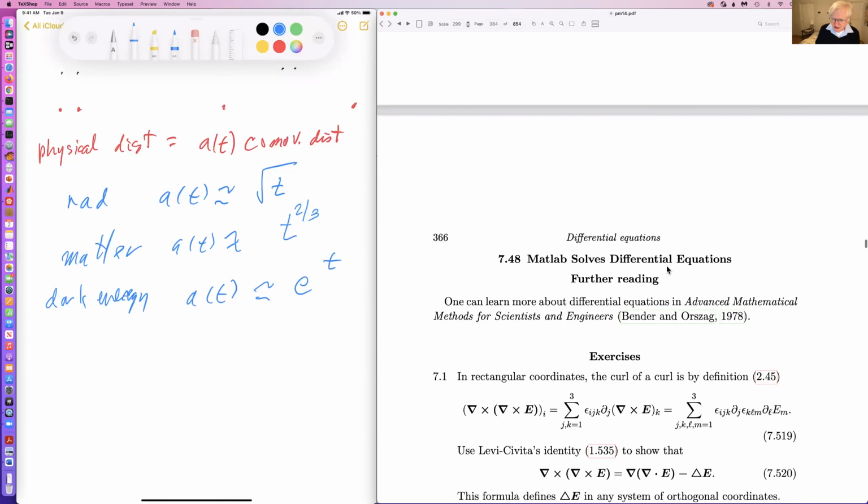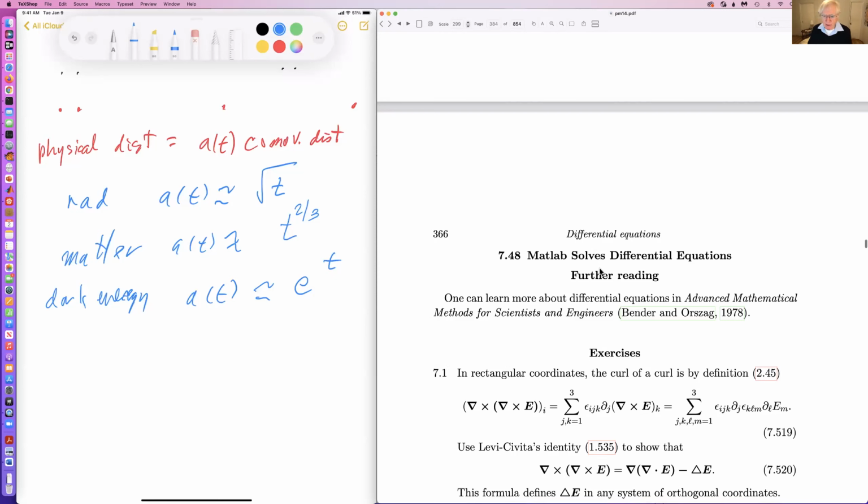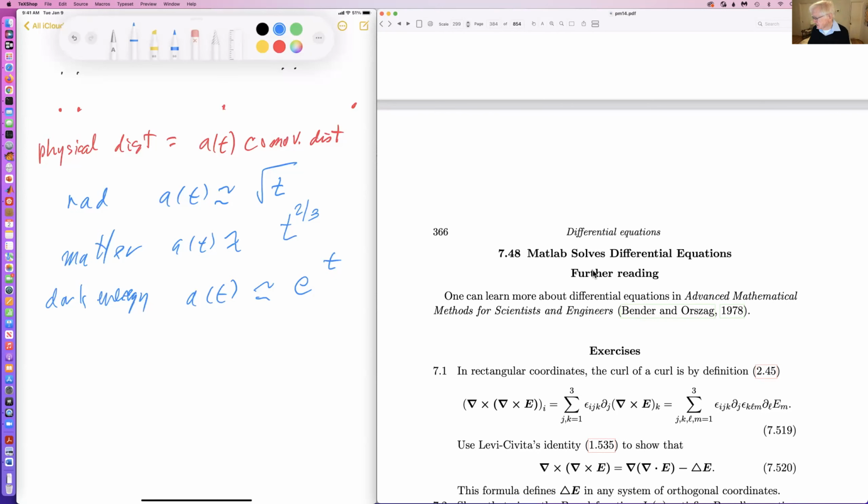I was going to write a section here on MATLAB solving differential equations, and it's easier than I thought, but I didn't get around to writing this up.